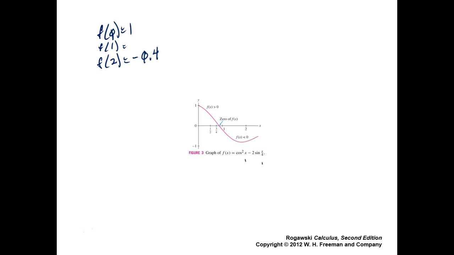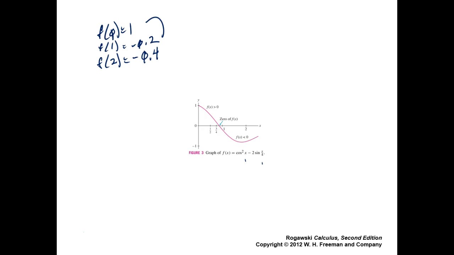Radian mode, what does that give you? Negative 0.2, okay? Guess what? We can't guarantee, there could be, but we can't guarantee that there's a 0 here, but we know there's a 0 between those two, don't we? Because one's positive, one's negative.